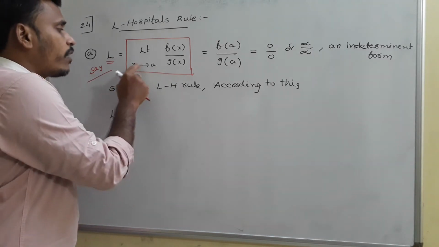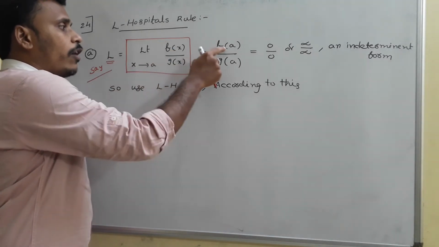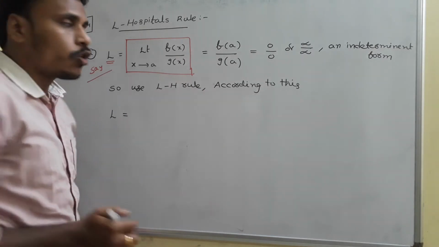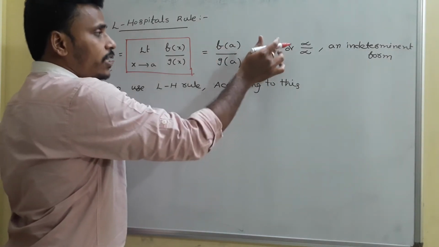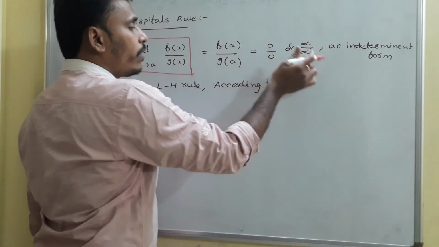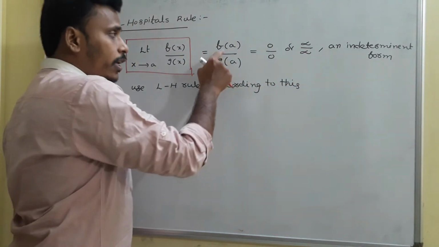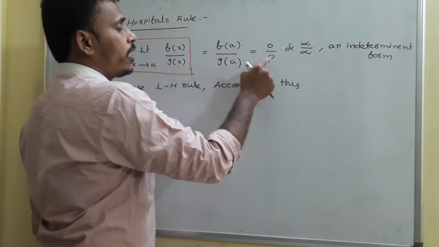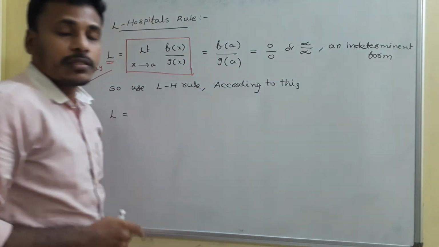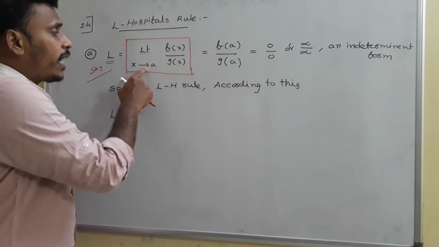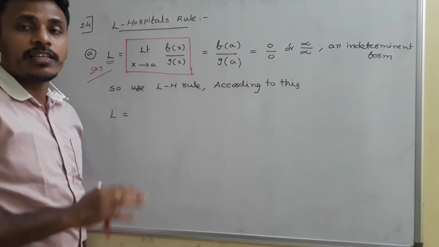First of all, directly replace x with a, giving f of a by g of a. If it is either 0 by 0 or infinity by infinity, these two are indeterminate forms. Since they are indeterminate, direct replacement of x with a is not allowed.